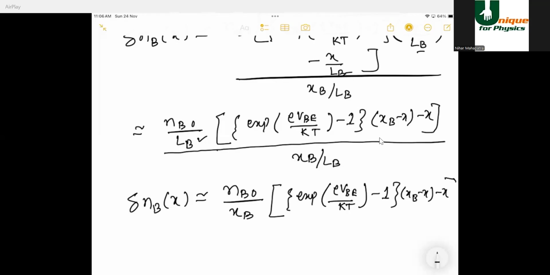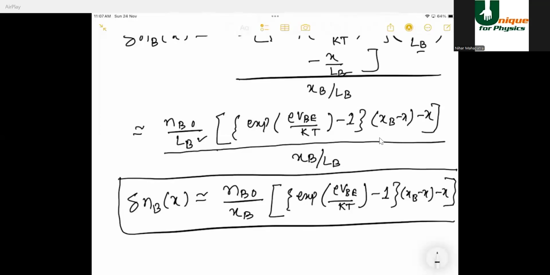So you can see how we simplified this under a condition where we considered xb is less than Lb, right? So this is our minority carrier concentration in the base region of an NPN bipolar junction transistor.